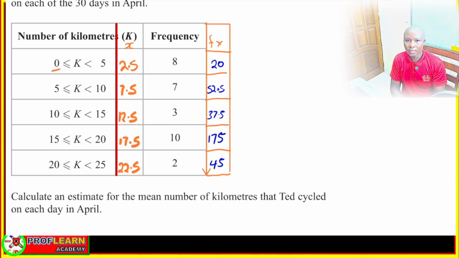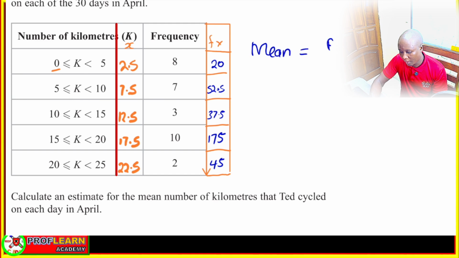So once you have gotten the product of frequency times the midpoint, we're going now to work out, because the question is asking us to find the mean. So we're going to say now the mean is going to be the summation of fx divided by the summation of f. We need to find the summation of fx here.